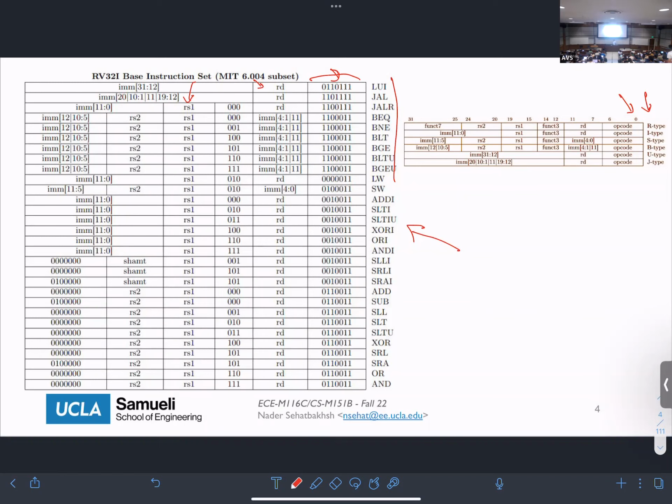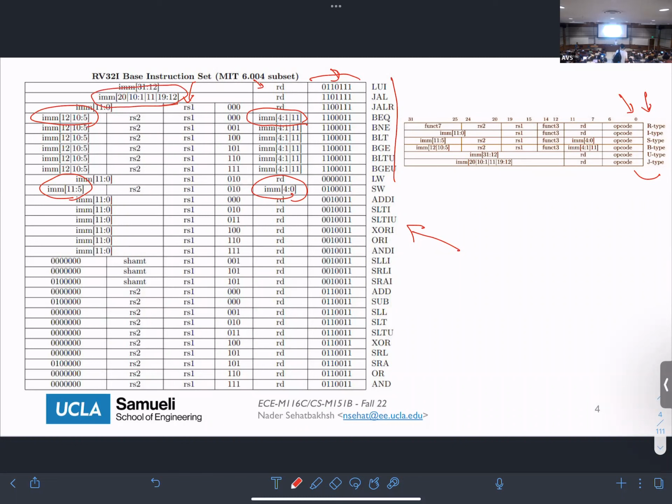We try to make it as structured as possible. On the other hand, since we have different types of instructions, we need to play with some of these categories. For example, the immediate is the one that is moved around and scattered in these different instructions. Some of them have part of the immediate here and part of it there. Some are very complicated, and there's one that does all these weird things.